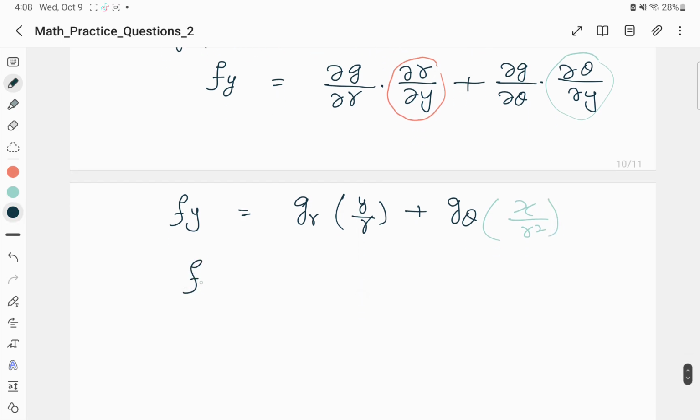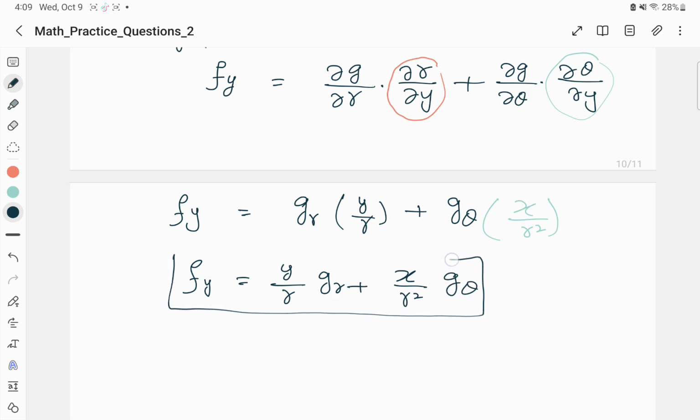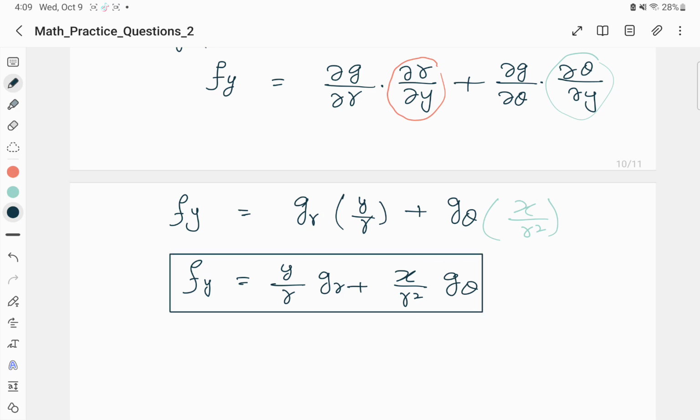So fy is equal to y over r, this g_r plus x over r square g_theta. So this is the required expression for fy.